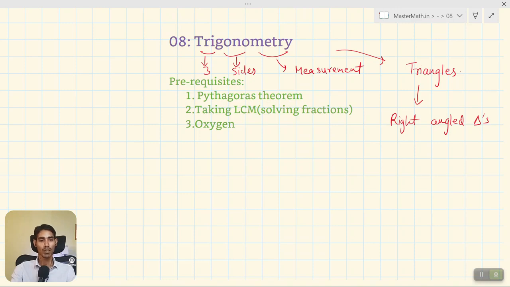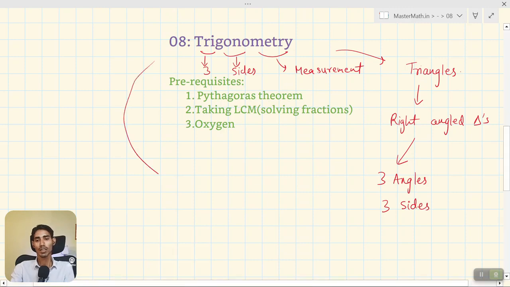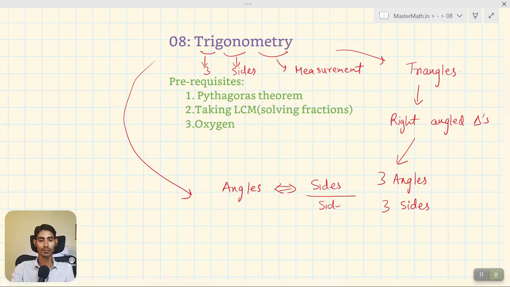What does a right angle triangle have? 3 angles and 3 sides. So trigonometry gives us the relation between the angles of the triangle and the sides of the triangle. Maybe this is side 1, this is side 2. So one angle is related to two sides.